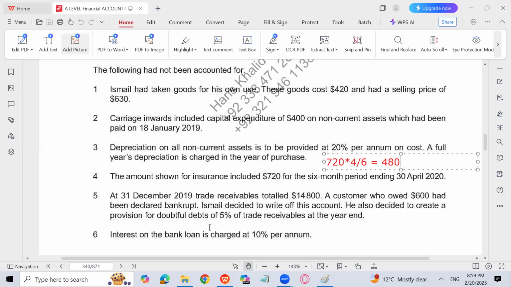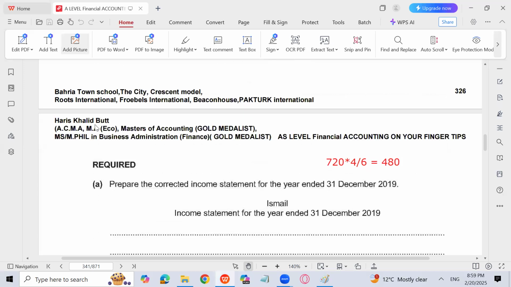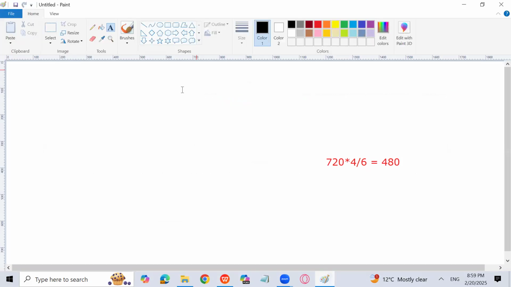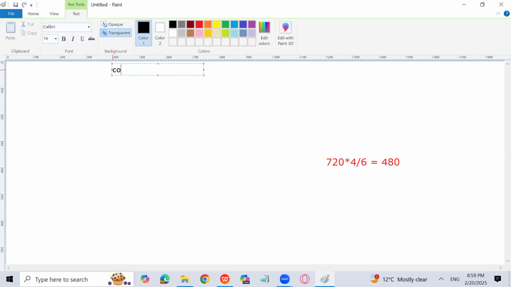That will be the provision which we need to increase, and it should be written in the income statement as provision for doubtful debts. So we need to revise the income statement because we have to prepare the corrected income statement, or you can say the corrected statement of profit and loss, which is the new name now. So I am going to prepare the corrected statement of profit and loss.